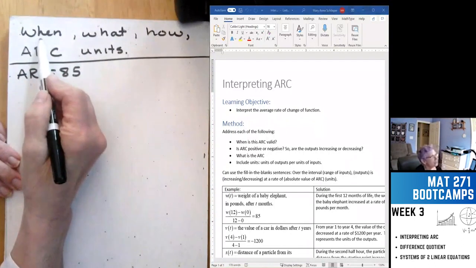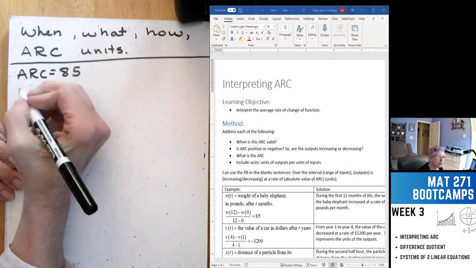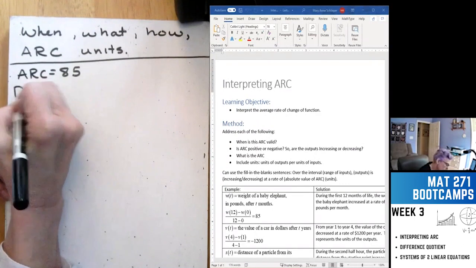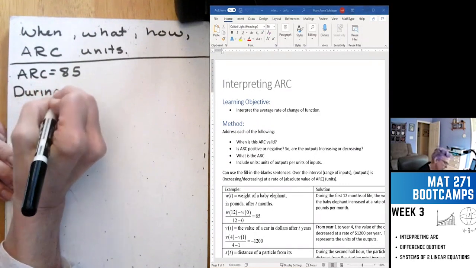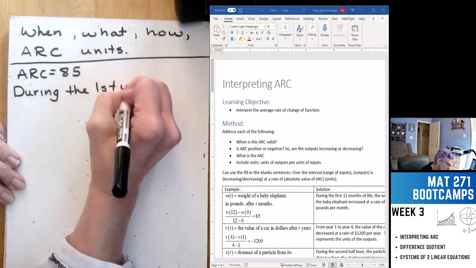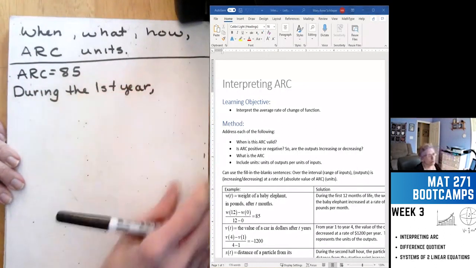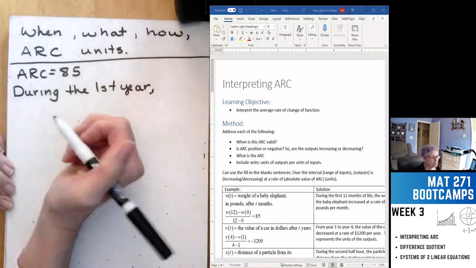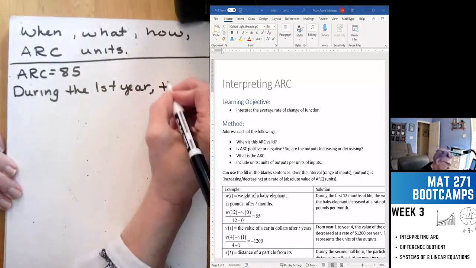When is this average rate of change valid? Well, during the first 12 months, or during the first year of the elephant's life. What's changing? The weight of the baby elephant.